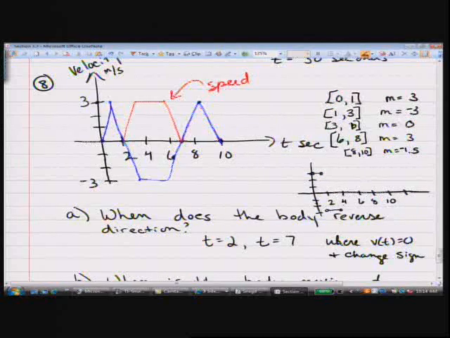And then from 3 to 6, you're at 0. Maybe I'll do these in a different color. And then from 6 to 8, you're at 3. And then from 8 to 10, you're at negative 1.5. And you do have open circles on the endpoints because you have corners there, so the derivative's not defined. This is acceleration.